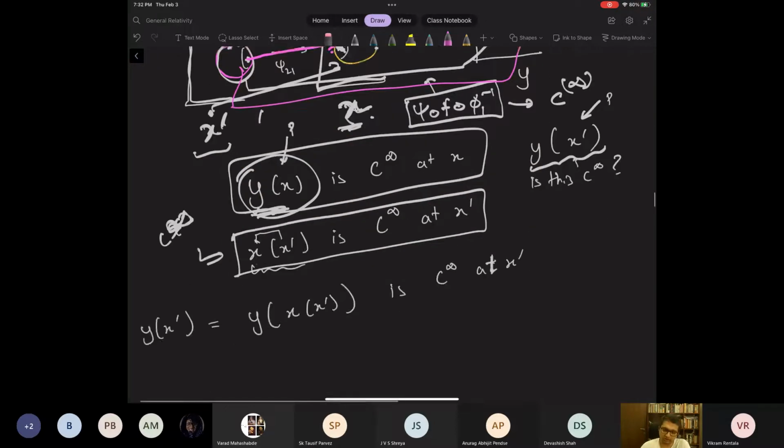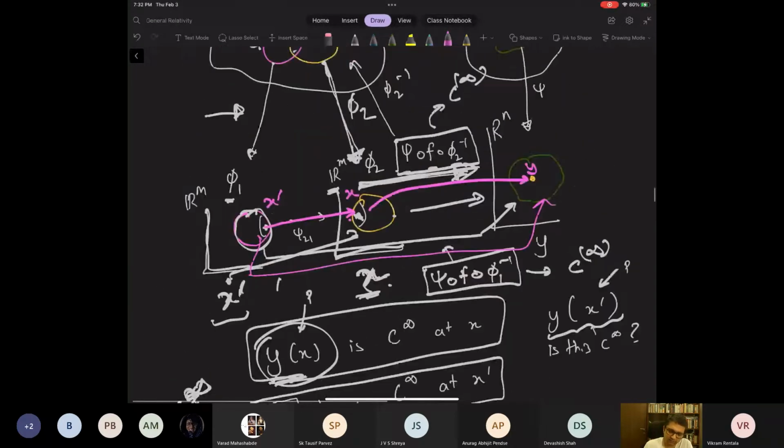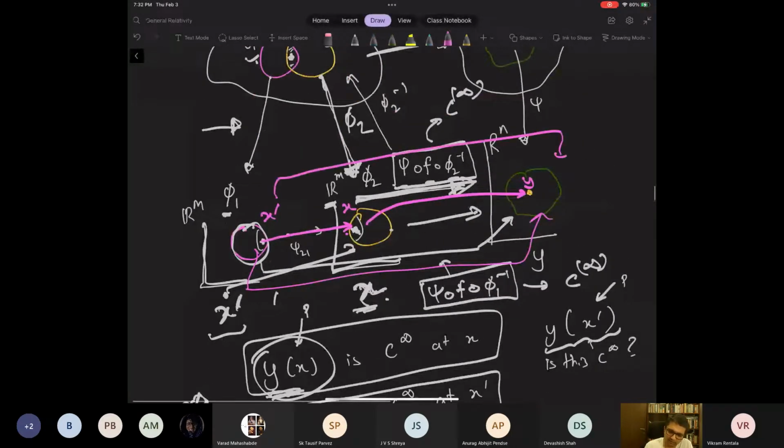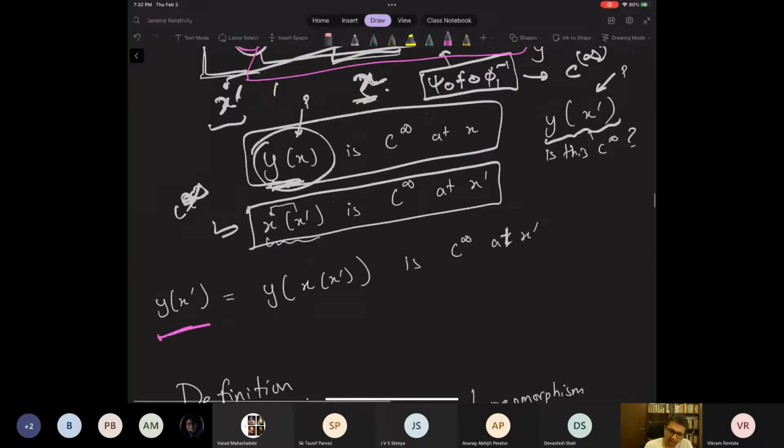So y of x prime, instead of going directly from x prime to y, we can imagine that we're just smoothly transitioning from x prime to x and then from x to y.